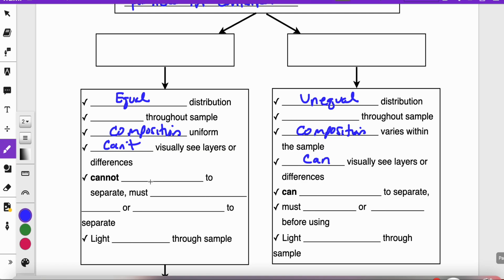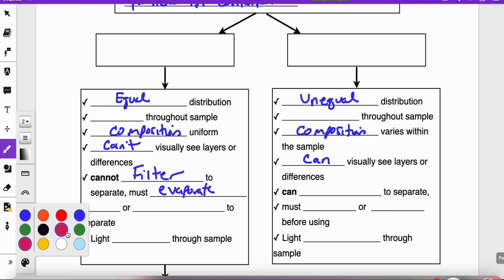So here we go. The way that we handle these mixtures, okay? So we cannot filter a mixture where we have equal distribution or composition, that there are no differences like layers within the sample. In order to separate the components, we must allow time to evaporate, which is slow.